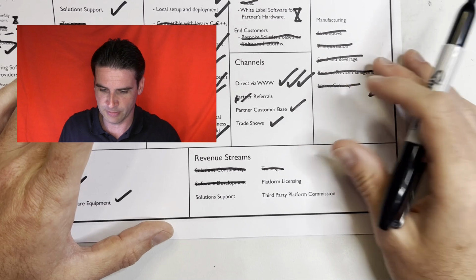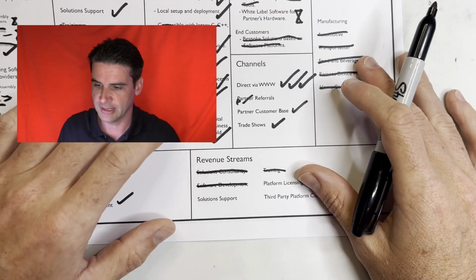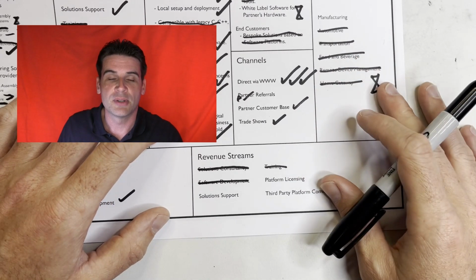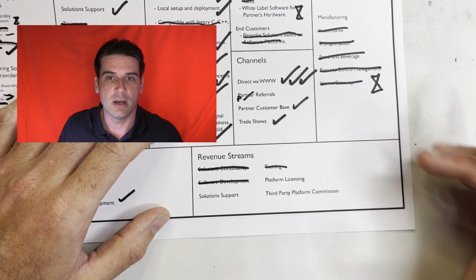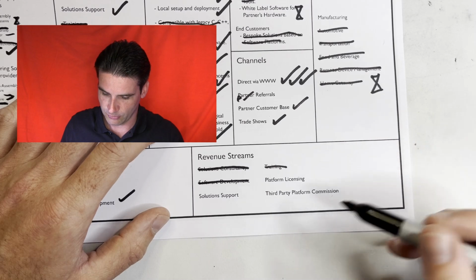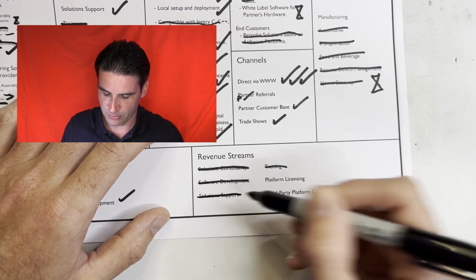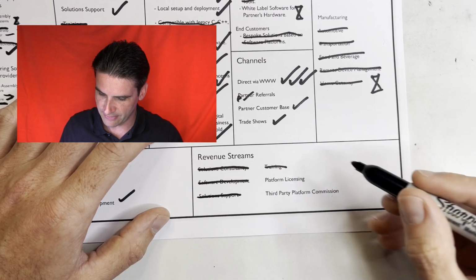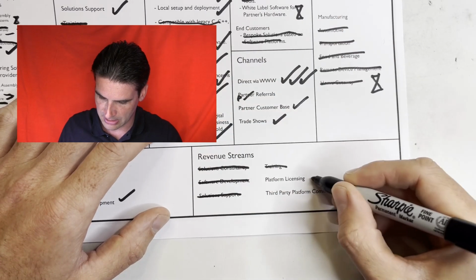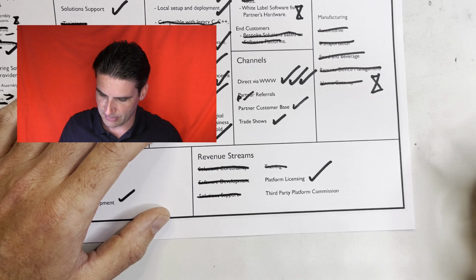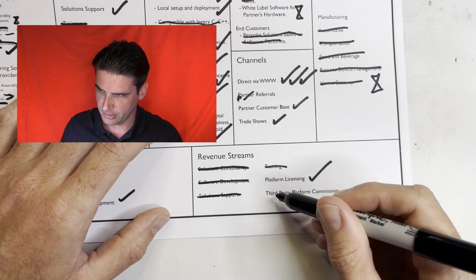We can normally turn around something in 2 weeks, and I think most of our customers and suppliers are already delayed by some way, so quite often we're supplying them. Platform licensing, yes, we've sold some software, we've sold some multi-plug. Third-party platform commissions, no, I don't think, no.